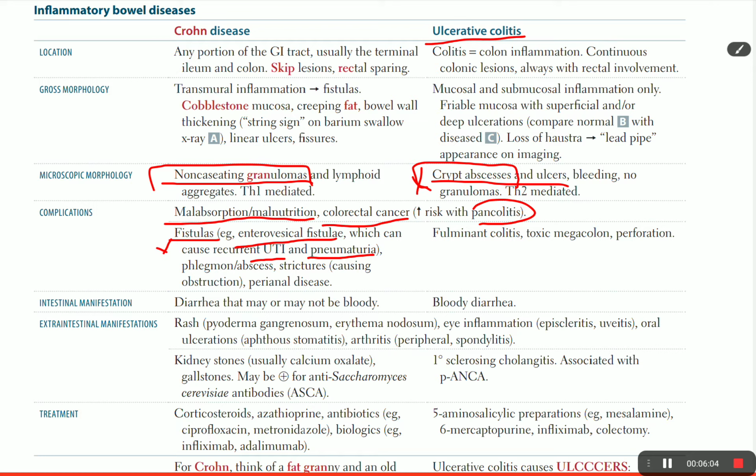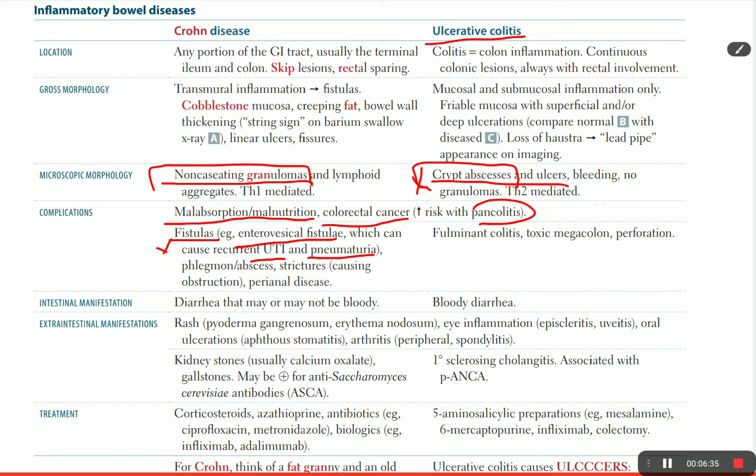Also the phlegmon is an inflammation of the soft tissue. Also, we have a stricture causing obstruction. The stricture will happen in Crohn's disease because it affects the transmural layers. That's why it causes thickening of the wall and makes the lumen lesser in diameter.